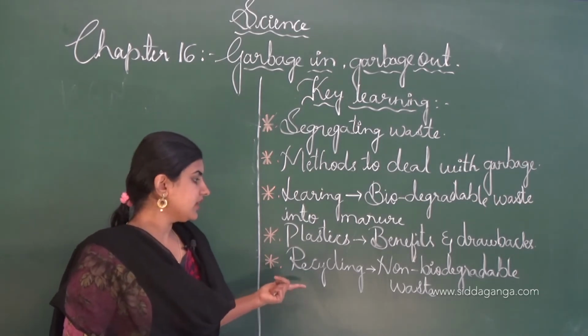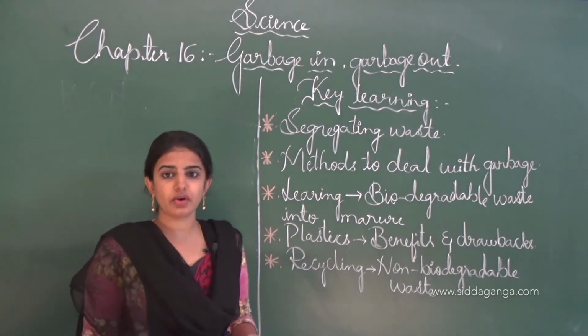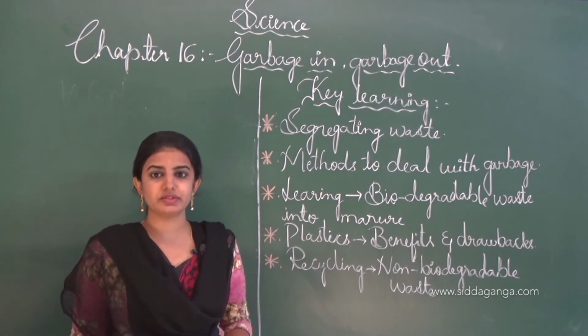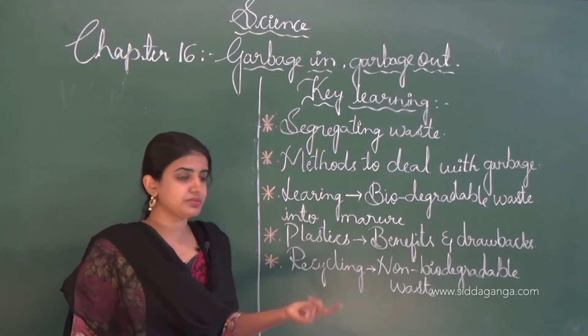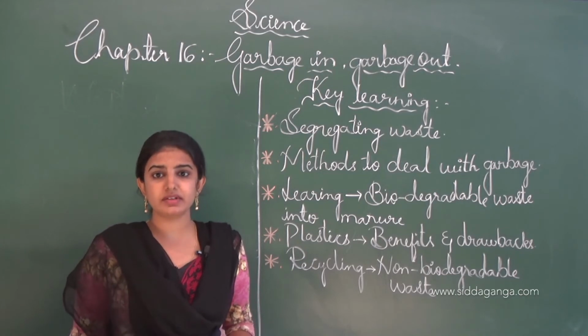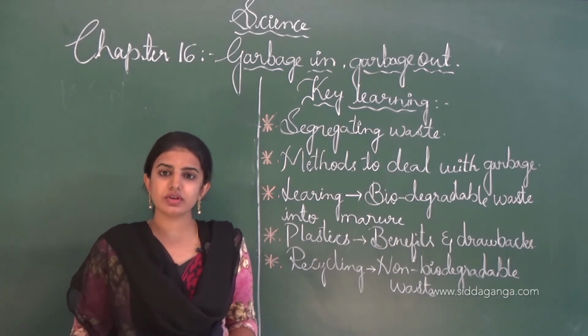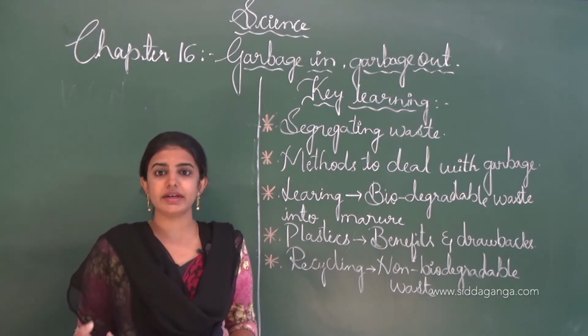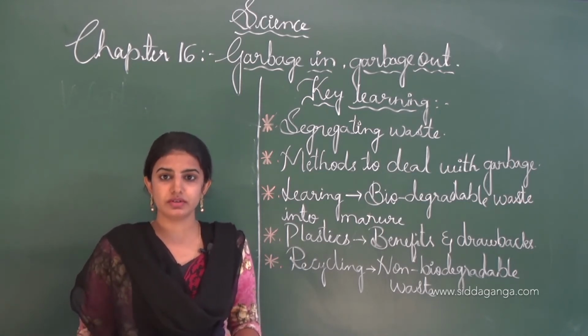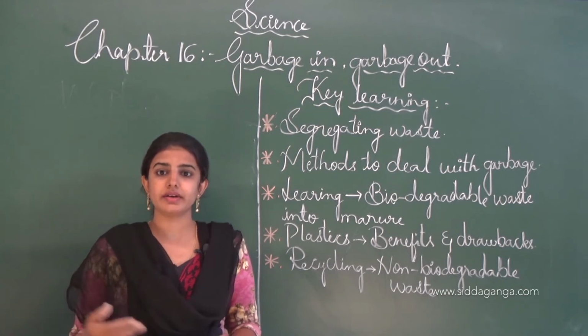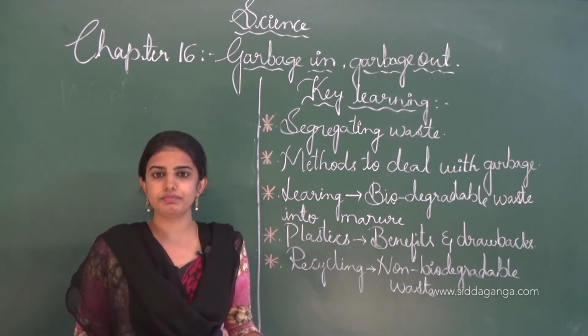This is nothing but the recycling process of a non-biodegradable substance. Not only plastic, some metals also come under it. If we throw metal like iron in the dustbin, they will make use of the iron, and once again it will create a new metal.